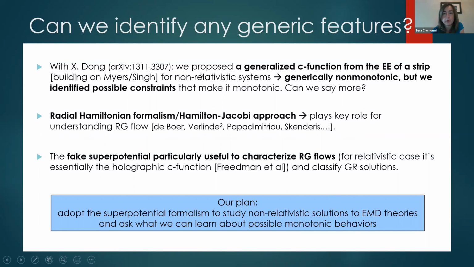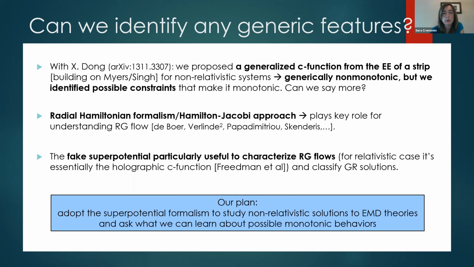So we looked at this question, and although it's relatively easy to see that in general this function is not monotonic, it's possible to find constraints on the geometry that will make it monotonic. So that was, at least for me, a starting point to see that maybe it is possible to say a little bit more. So I wanted to revisit this question and see if something more can be added to this story.